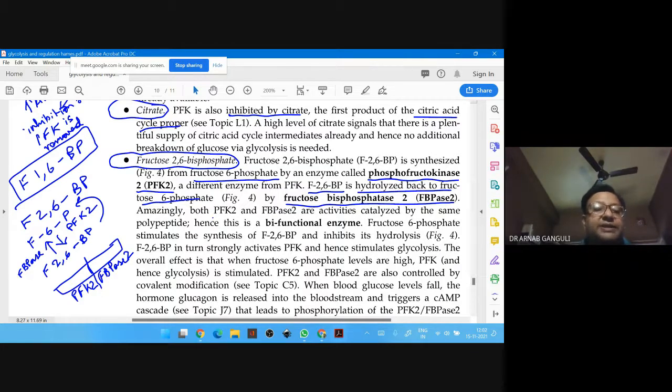One side catalyzes the forward reaction, the other side catalyzes the reverse reaction. So it is known as a bifunctional enzyme. This side the forward reaction FR, this side the reverse reaction RR. It has two functions.